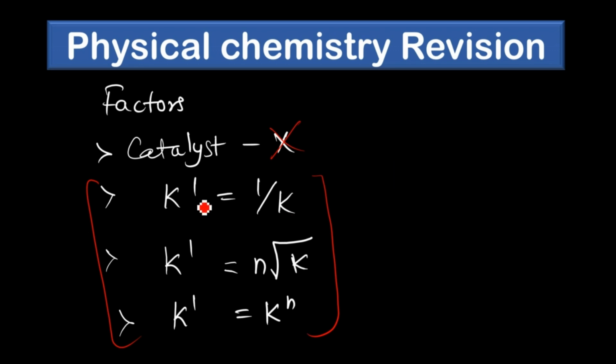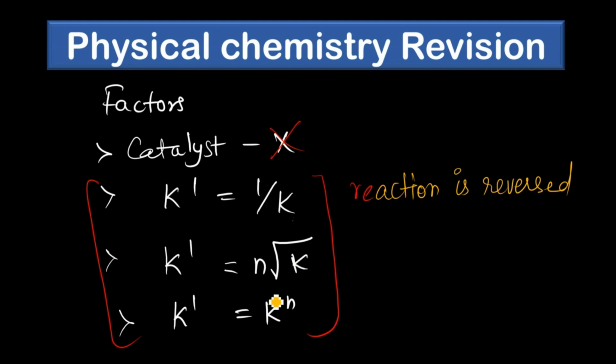Let's see. The first one, if the reaction is reversed, then the equilibrium constant is inversed. Okay, let me take a different color. So the reaction is reversed, then the equilibrium constant is inversed.